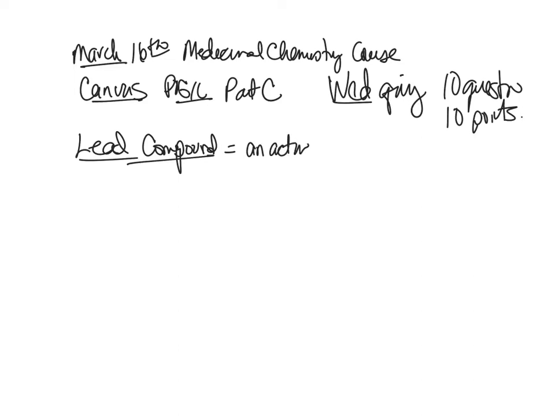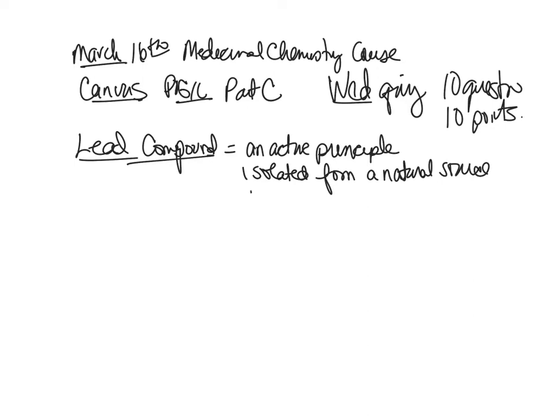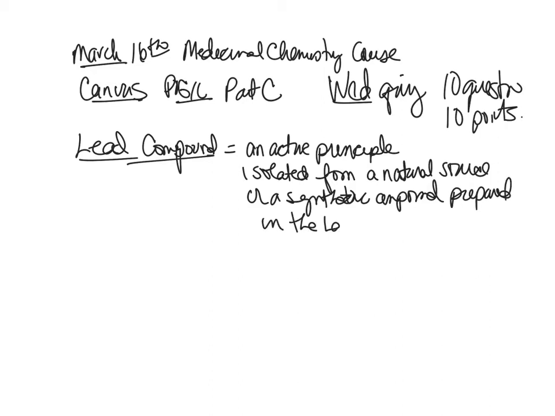This is an active principle, a component isolated from a natural source, or a synthetic compound prepared in the laboratory. So we find a lead compound, and then we will make changes to that.